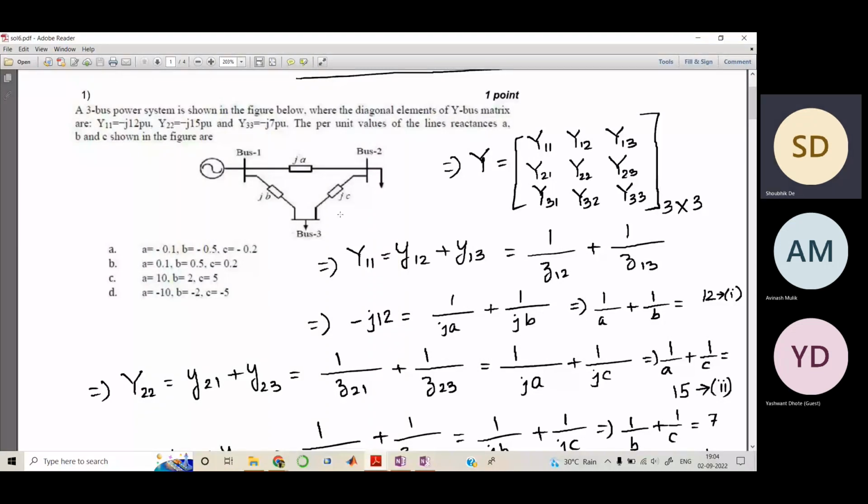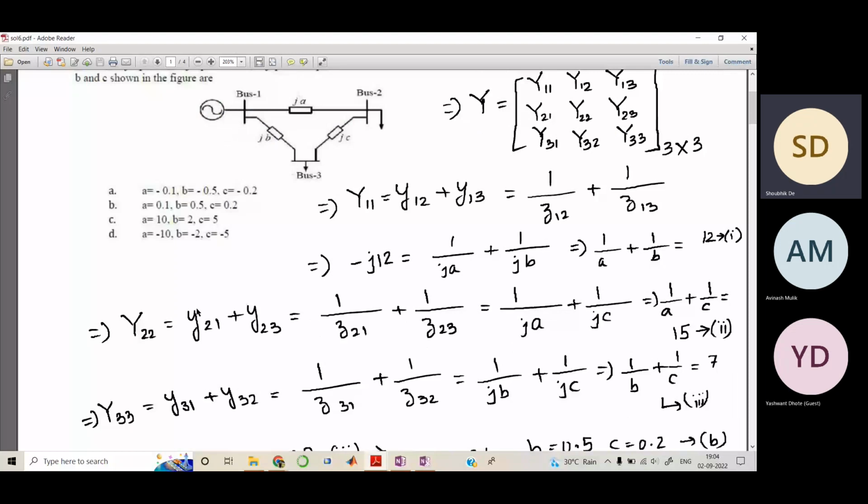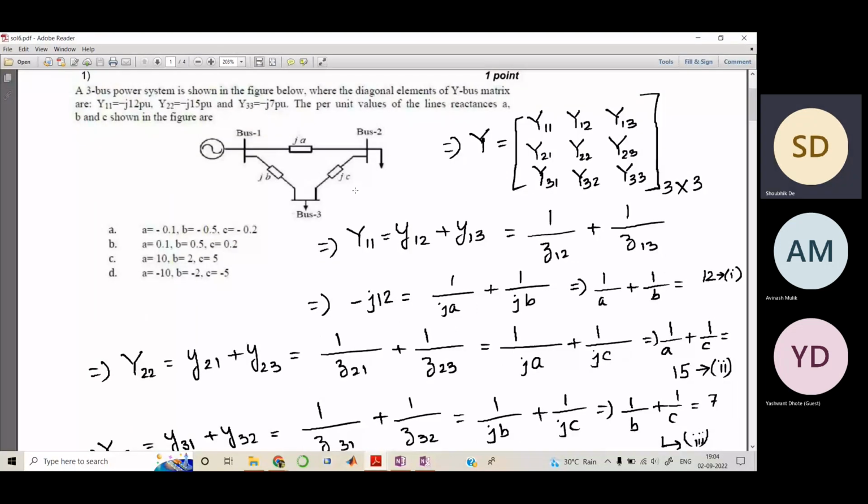Similarly, Y22 would be the sum of the admittance of Y21, that is between bus 1 and 2, and also between bus 2 and 3, that is Y23, which is again 1 by Z21 plus 1 by Z23. So we replace the values here. Y22 is minus J15, and in this way you get the second equation, which is 1 by A plus 1 by C equals 15, which is your equation 2.